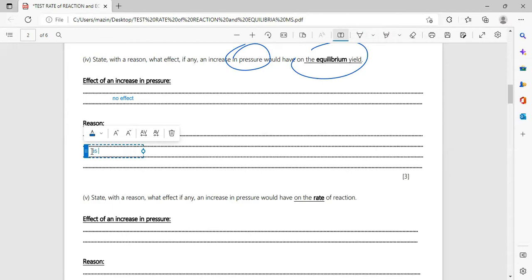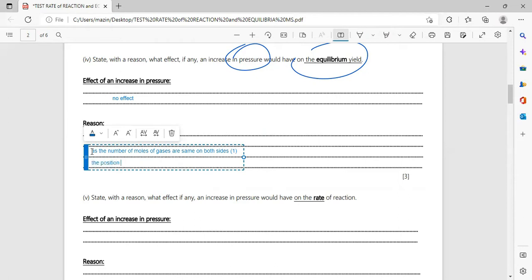As the number of moles of gases are the same on both sides, as reactants and products, you can write the number of molecules or moles, anything. And this next point should be there.